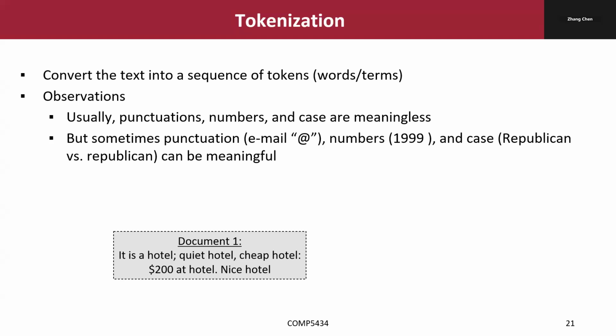The set of words. So during tokenization, we ignore the punctuation, and sometimes we also ignore the numbers and the letter case, because they usually do not add much meaning or semantics, right? For example, the hotel with a capital letter H. It doesn't matter, right? It's the same thing.